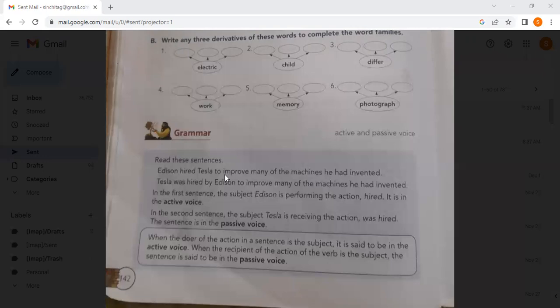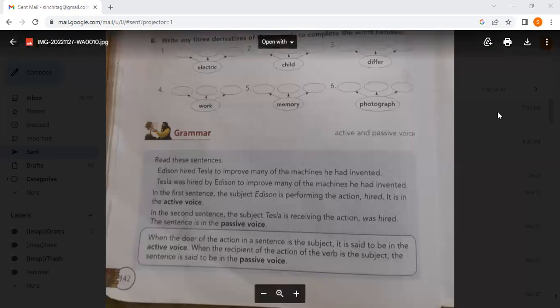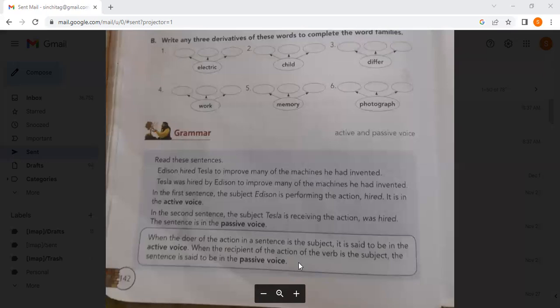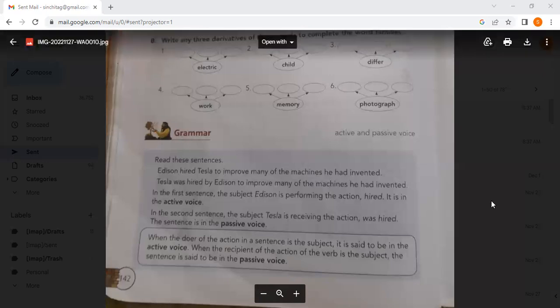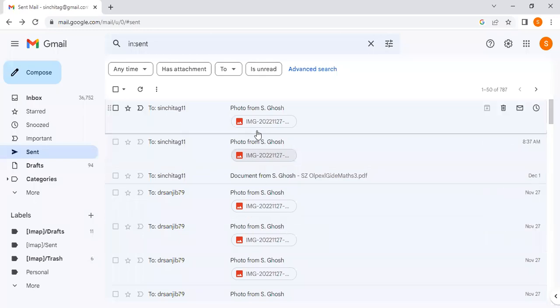My teacher ordered me to do the work. Very good. Excellent. Okay. Now let's go to the next one. So have you understood what is an active voice and what is a passive voice? Yes, ma'am.